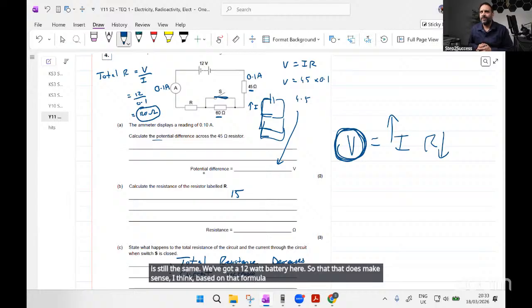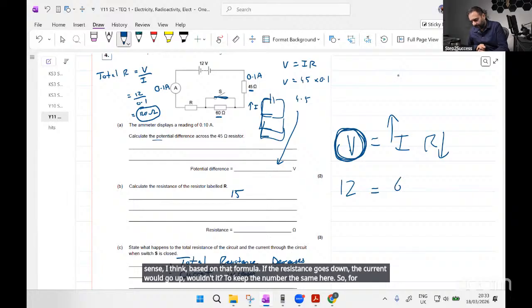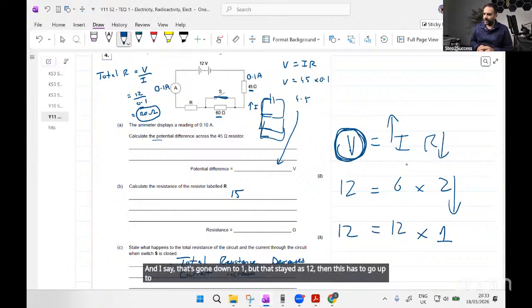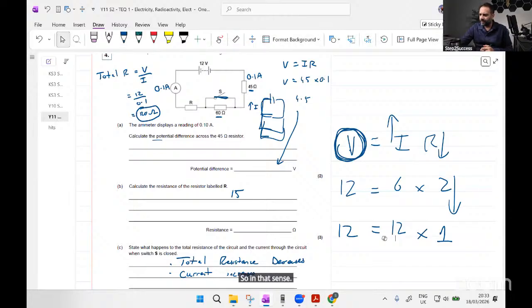If the resistance goes down, the current would go up, wouldn't it? To keep the number the same here. So for example, if it was 12 equals 6 times 2, and I say that's gone down to 1, but that stayed as 12, then this has to go up to 12. So in that sense, that does work, I think. Resistance decreased, current increased.